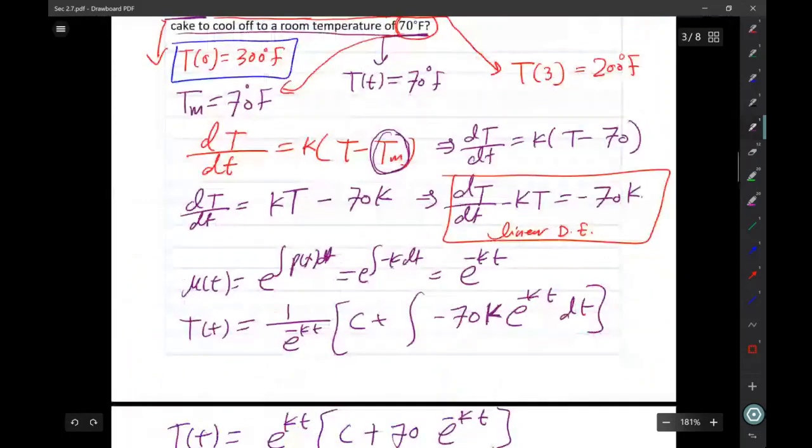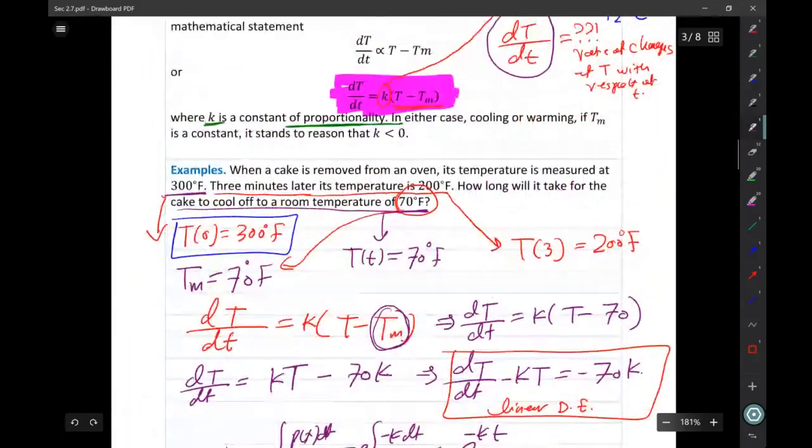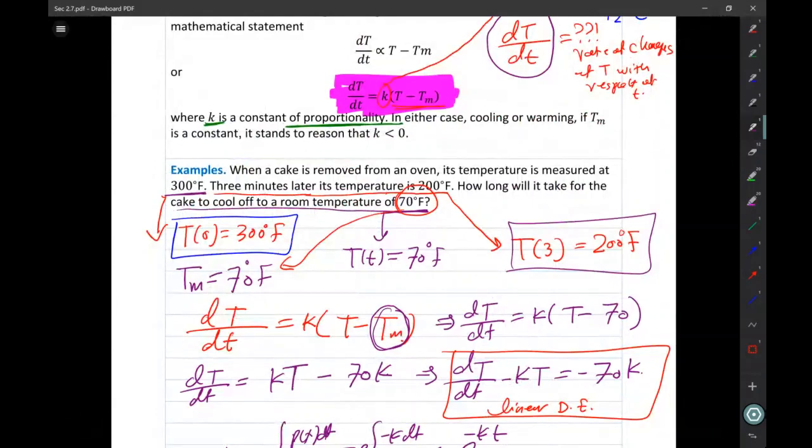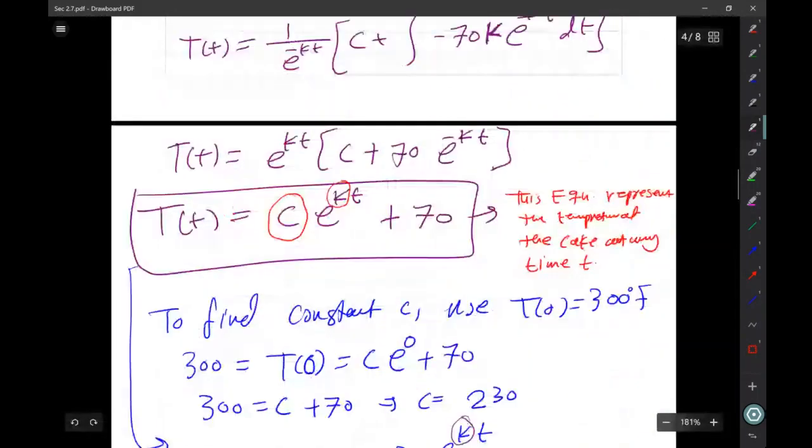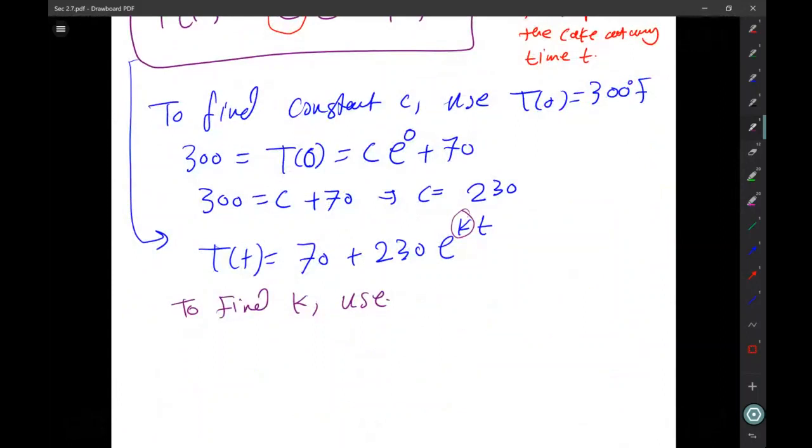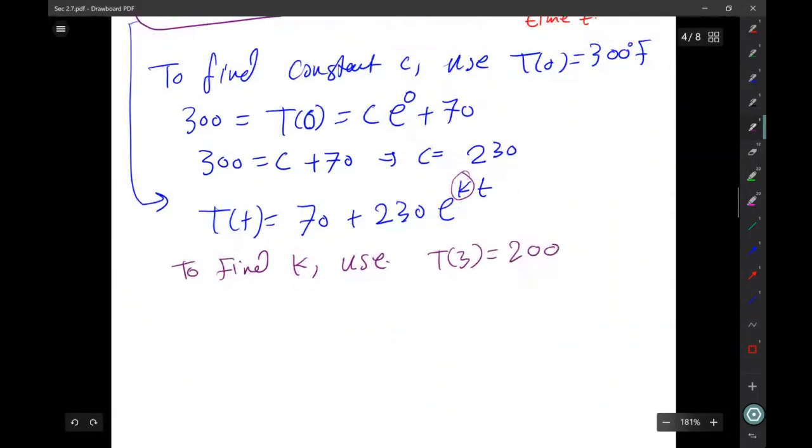Use the other given information, which is, he said after 3 minutes, I mean T of 3 is equal to 100. Use T of 3 is equal to 100.